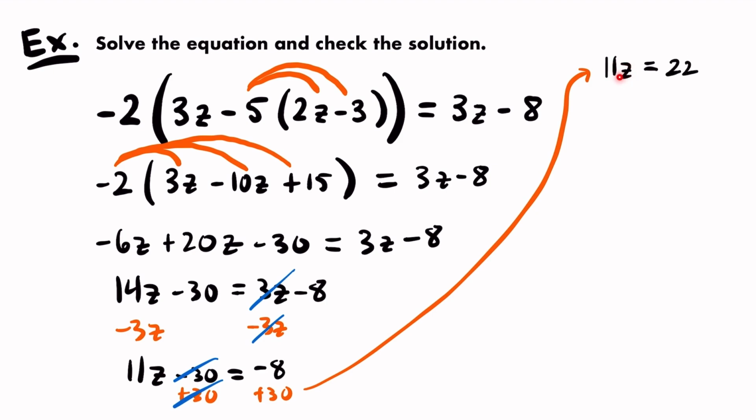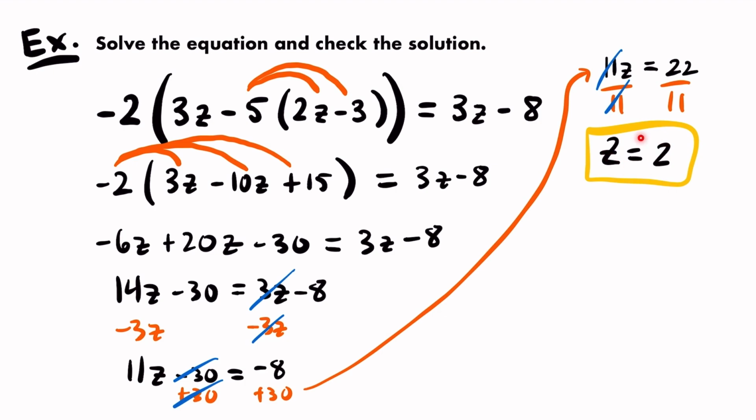Now, we can isolate z, or solve for it, by dividing both sides by the coefficient of 11. So we'll divide both sides by 11. Those 11s will cancel out, and just leave you with z is equal to 2, because 22 divided by 11 is 2. And so the solution we find here is z equals 2, but let's check it.